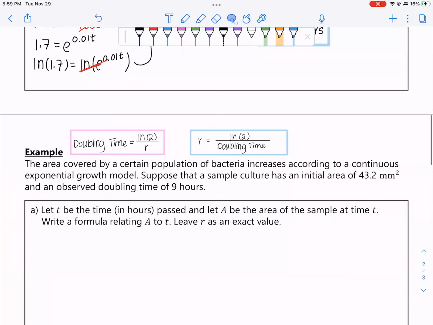These two formulas are the same formula rearranged. They relate doubling time to the interest rate, the interest rate of an account. But if we're not talking about accounting, they would relate the relative growth rate to the doubling time. So this works with population.